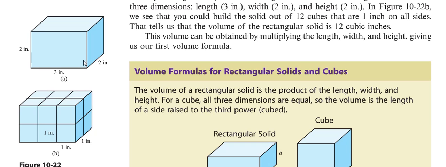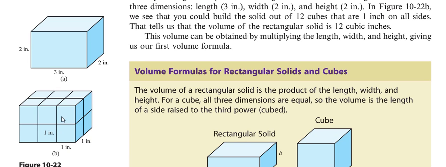You can think of this as a box, and you're trying to find out how much space is on the inside of the box, in terms of the number of cubic inches, cubic feet, or cubic yards. So you're trying to figure out how many unit cubes would fit in there.